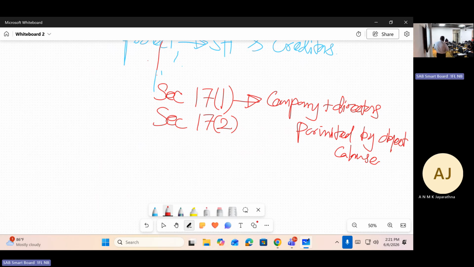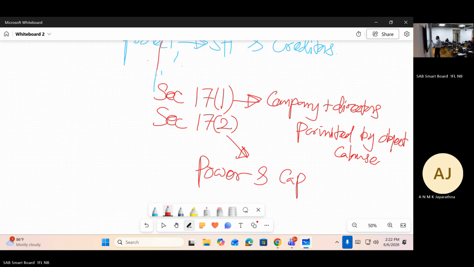However, section 17(2) says the power and capacity of the company cannot be restricted by its object clause.